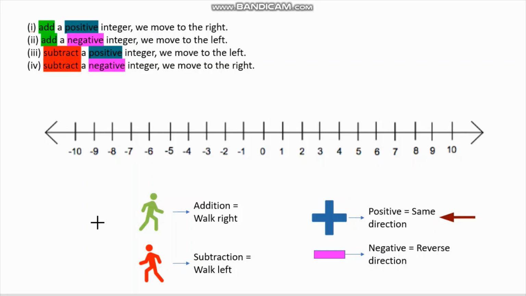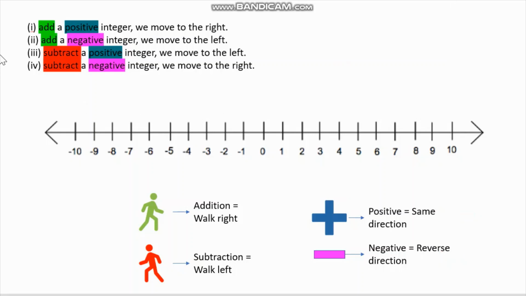You will understand this better when we take an example. For now, let us just know this. If it is a positive integer, we have to go in the same direction as indicated by addition or subtraction. If it is a negative integer, then we have to move in the reverse direction as indicated by addition or subtraction.